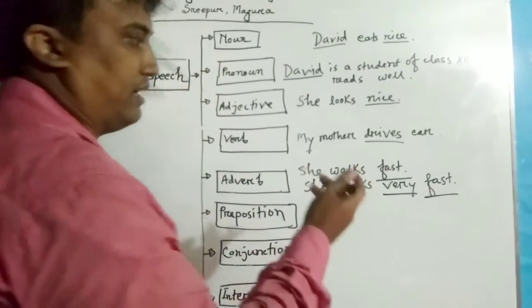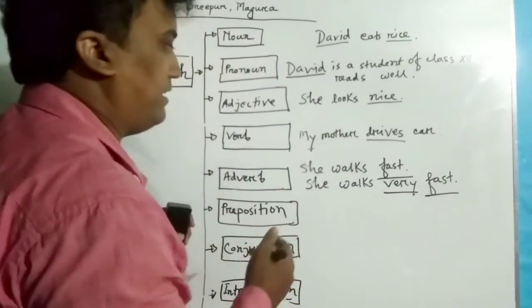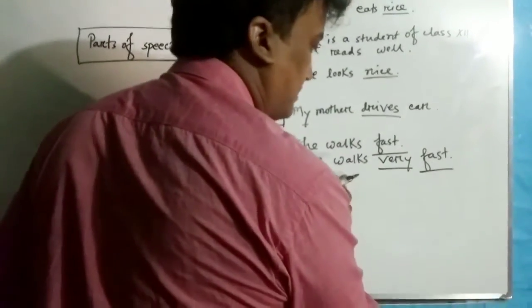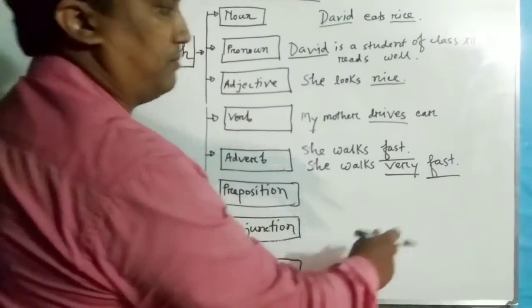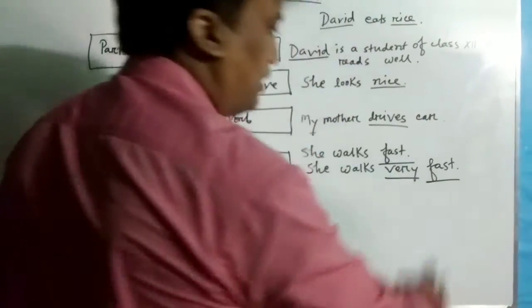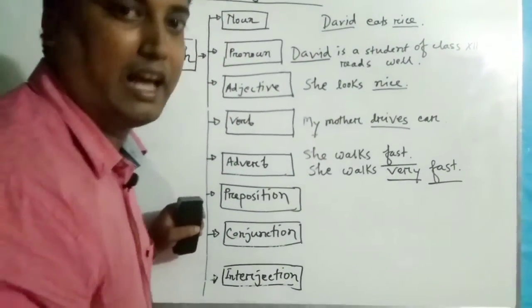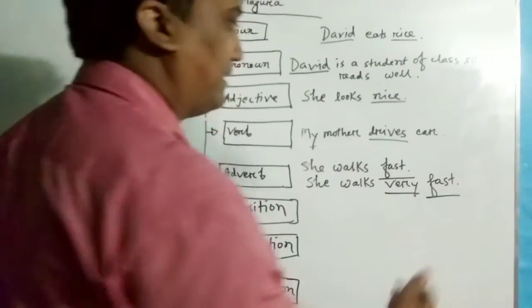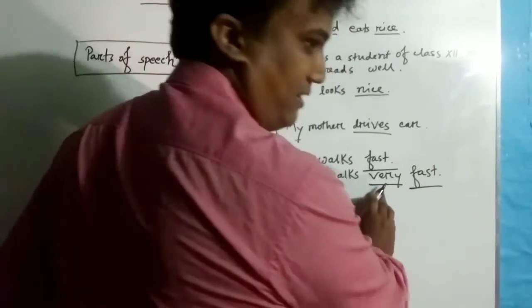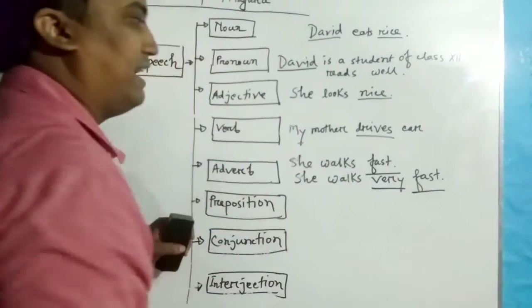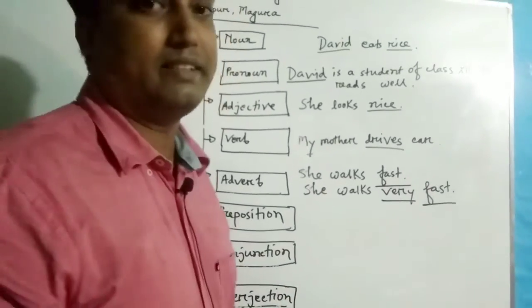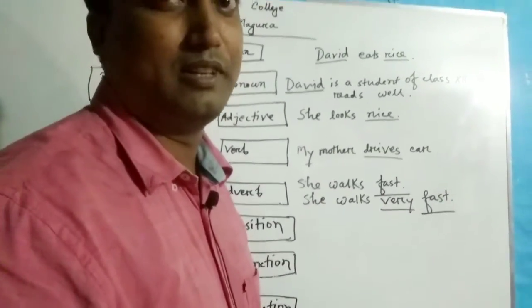If I make a question, how does she walk? The answer will come fast. If I make a question, how fast? Then the answer will come very. So here adverb modifies itself also.